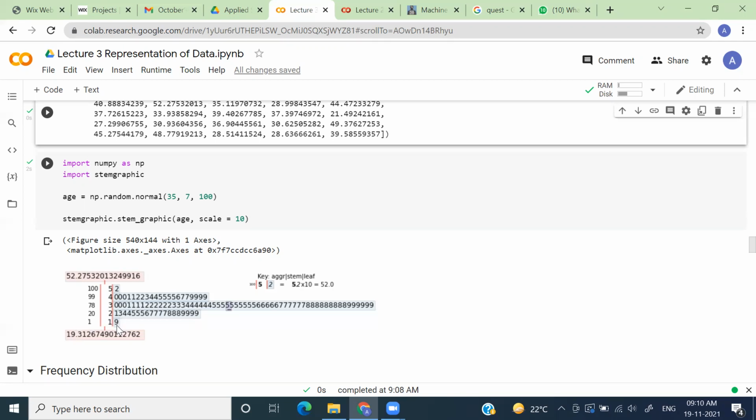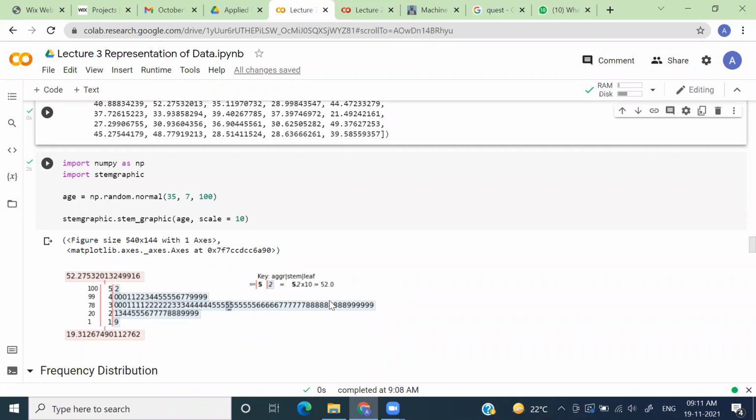You're able to understand how to read this diagram? There is one person whose age is 19. There are a total of 20 in the range of 20 to 30, and their ages are like 21, 23, 24, 24, 25, and so on. Yes, I got it.